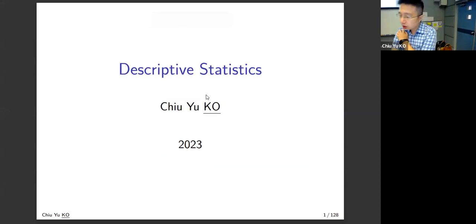So let's very quickly review what we have done. Because of the time constraint, I make the review shorter than usual. Descriptive statistics: what we are doing here is, if you have given data, we try to do some analysis. Sometimes people call it exploratory data analysis.